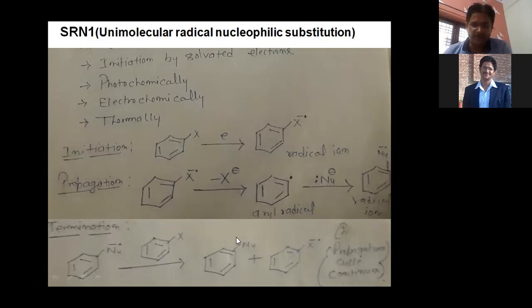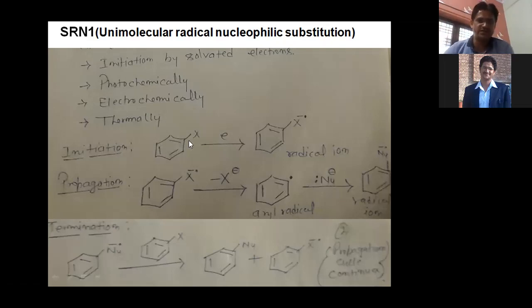This is your final product, the nucleophilic aromatic substitution product, and this radical ion is used for a long reaction, for the formation of so many types of product molecules. You can see the propagation cycle continues.